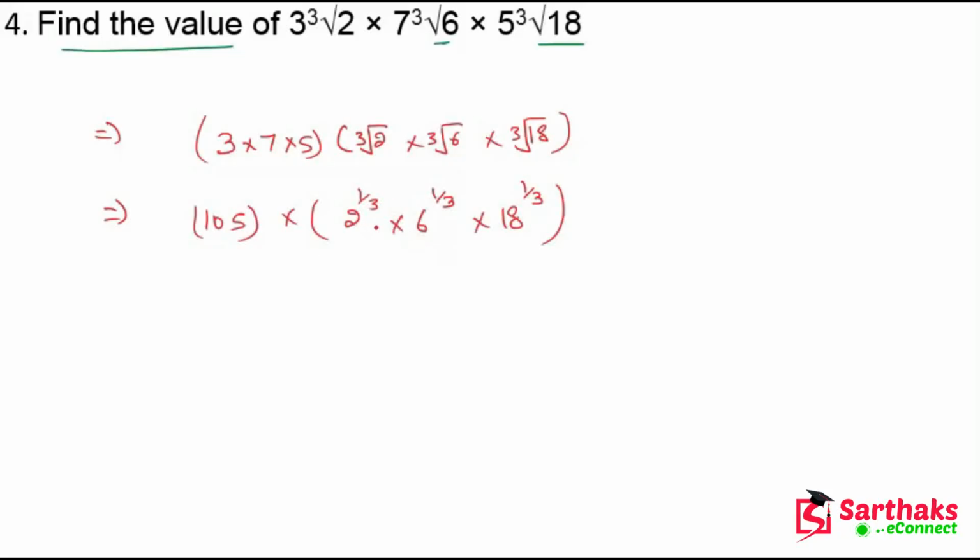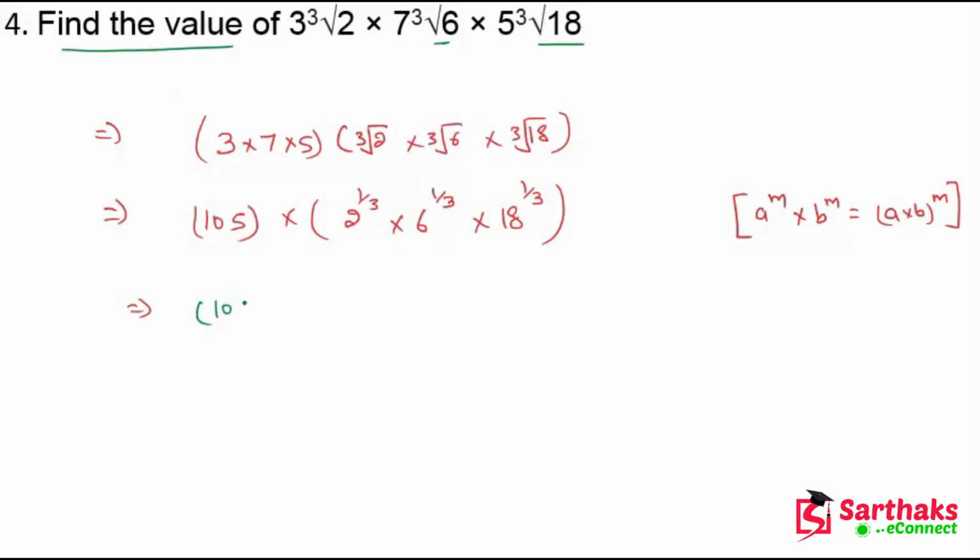So if you observe this, the base is different but the power is the same. We know that if we have a raised to power m into b raised to power m, we can write it as a into b whole raised to power m. So here we can use this exponent rule.